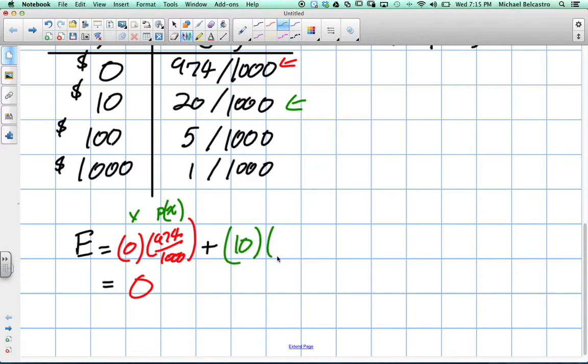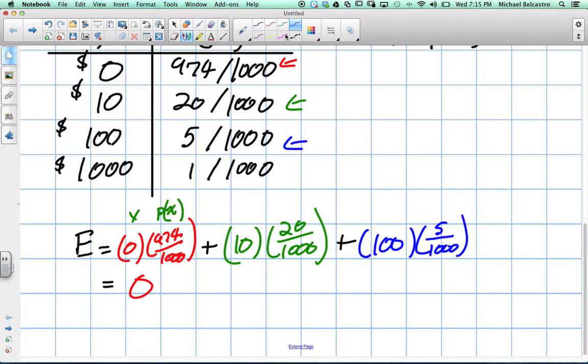Then you have the probability of 20 in 1,000. So we'll have to multiply that. The one after that is our second prize, and you can win $100, and you have a 5 in 1,000 chance. And finally, our final grand prize, you can win $1,000, and you have a 1 in 1,000 chance.